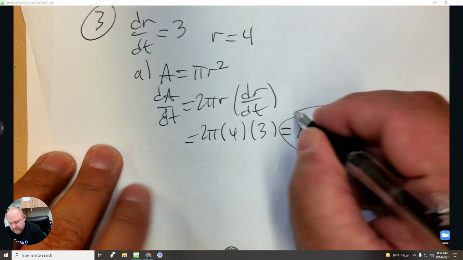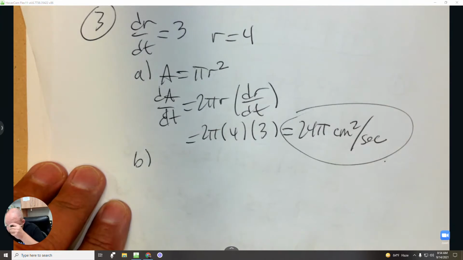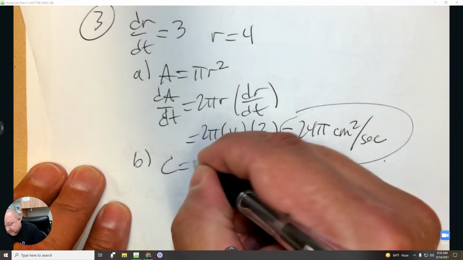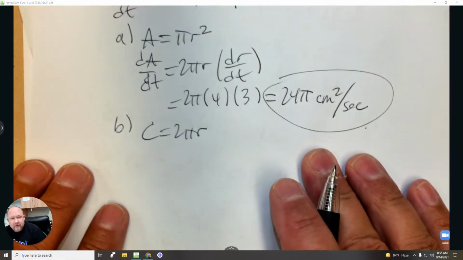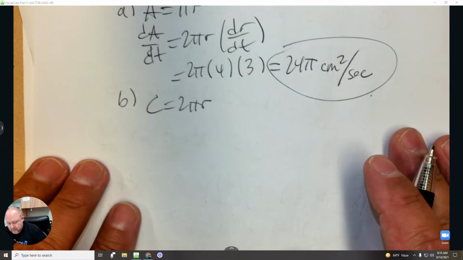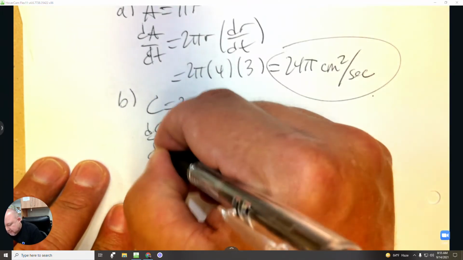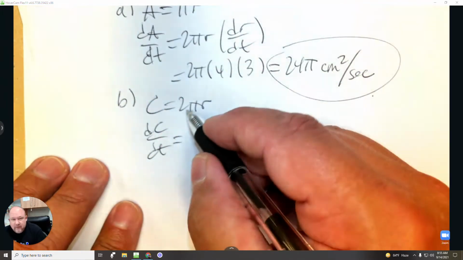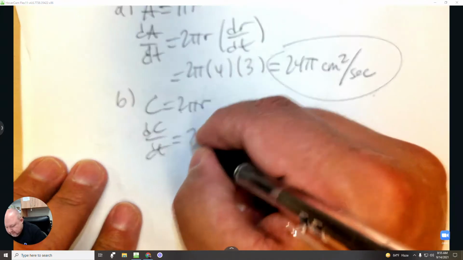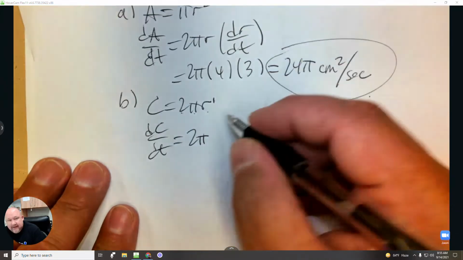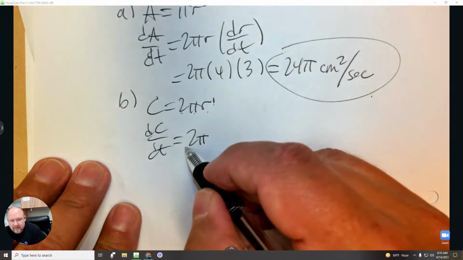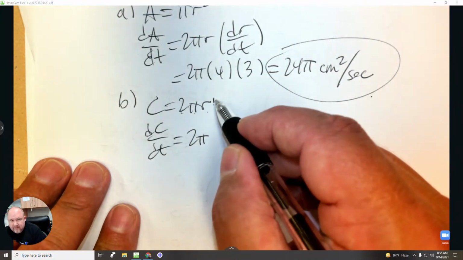There's my answer. B says the rate of change of the circumference. So there's the formula for circumference. Yes, you need to know both. The derivative with respect to time. The derivative of 2 pi r is just 2 pi. So think of that exponent. 1 times 2 pi is 2 pi. Subtract 1 from the exponent.